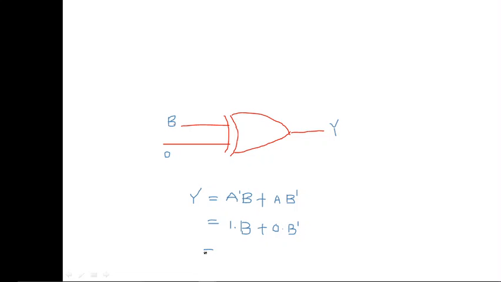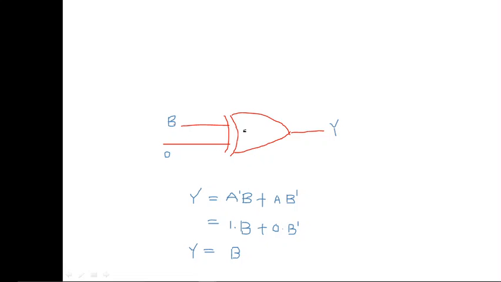If you simplify this, 1 dot something is something, that is B itself, and 0 dot B bar is 0, and if that 0 is added, it will be B itself. So in this case Y equals B.